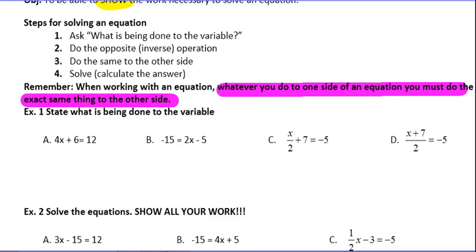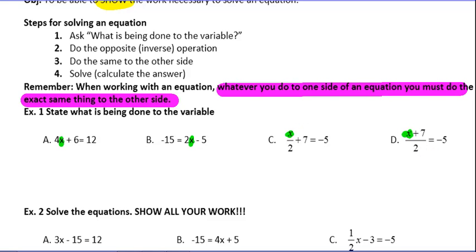So just like we did before, we're going to take a look at the first example and only do the first 2 steps just to make sure we know how to read an equation. Again, being able to read it the right way is very important. When I look at this variable, what I'm asking myself is what is being done to that thing right there. I'm going to highlight the variable in all 4 of these problems.